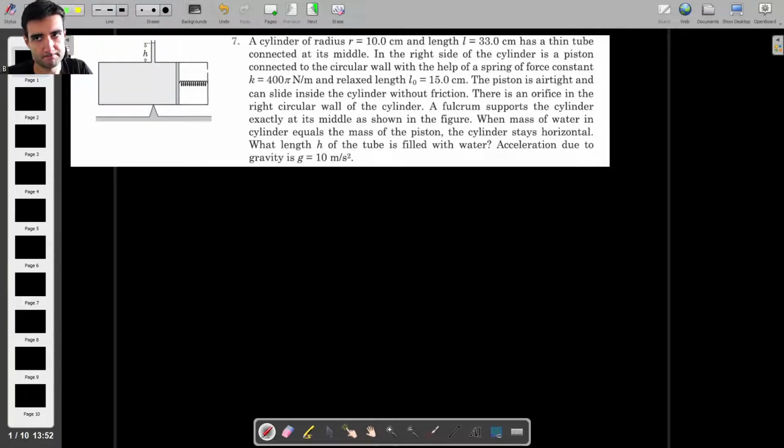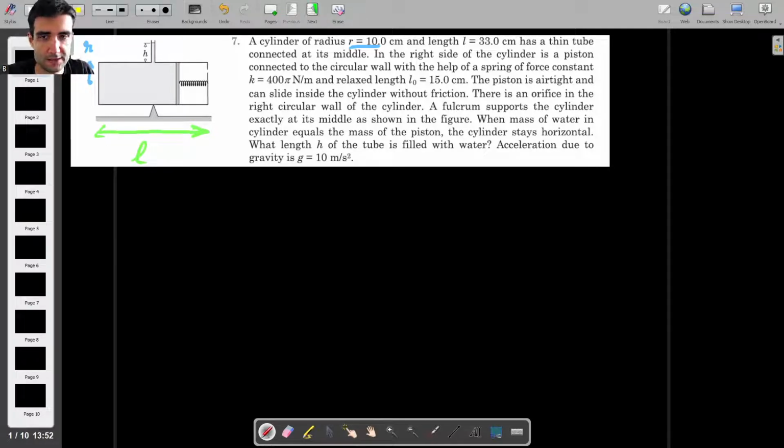So basically, we're dealing with a cylinder which has a certain radius r. So the distance from the center to the edge is lowercase r, and then the length of the cylinder is given by lowercase l, like this.